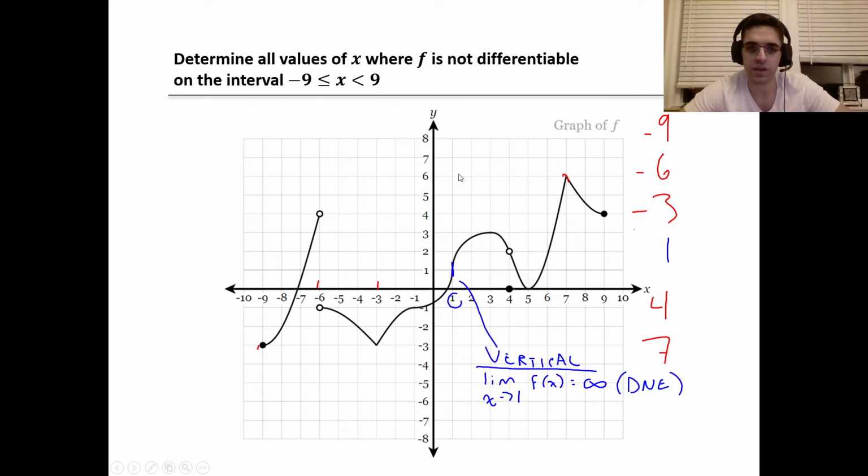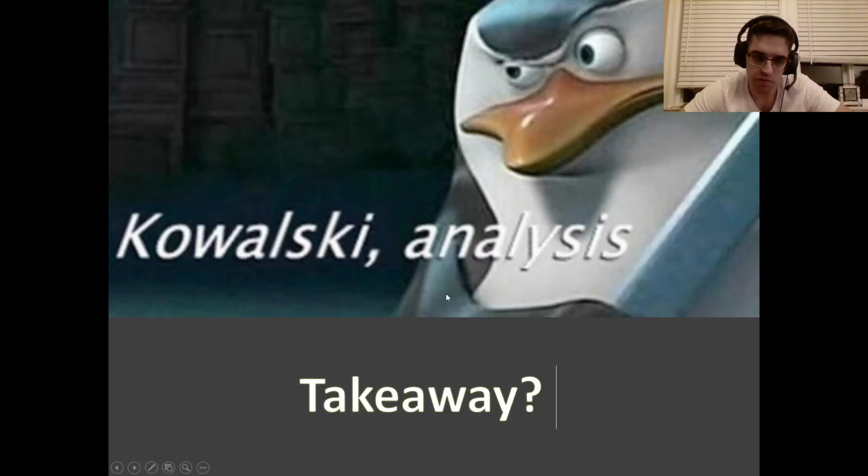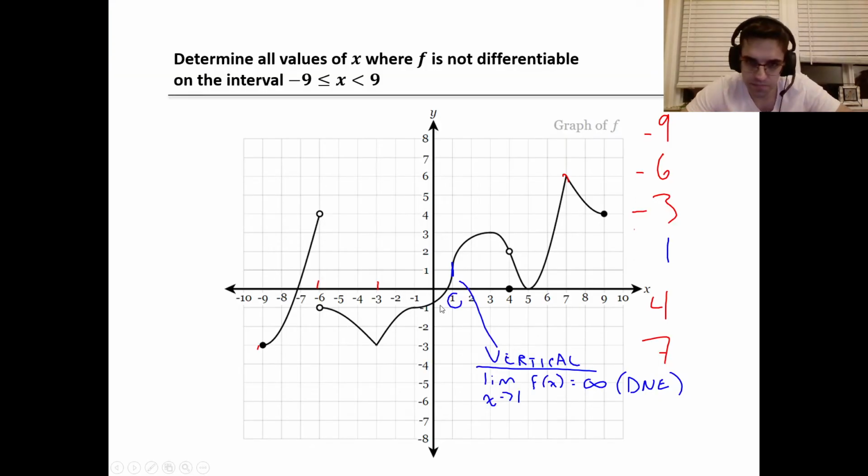The reason is that if you try taking the derivative of a vertical line, imagine the tangent line would be just a straight vertical line. If this actually goes vertical for just a brief moment, we would have a vertical line. The slope of a vertical line would be infinity, or not exist, in other words.